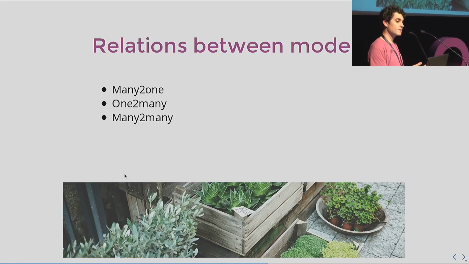So, for instance, later in the example, I will create a nursery order model where a customer can buy a plant. So on my order, I will add a many-to-one field towards a plant.